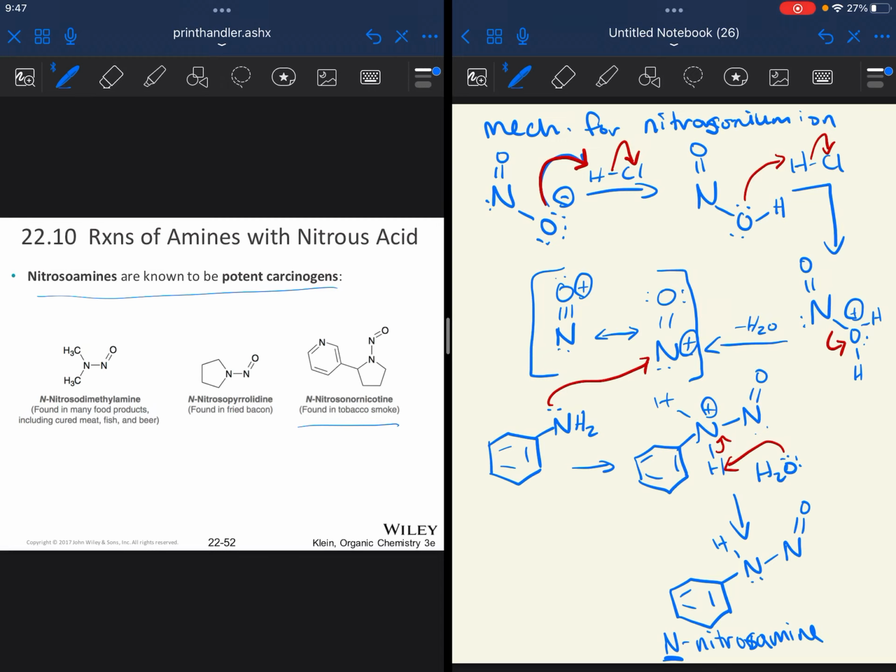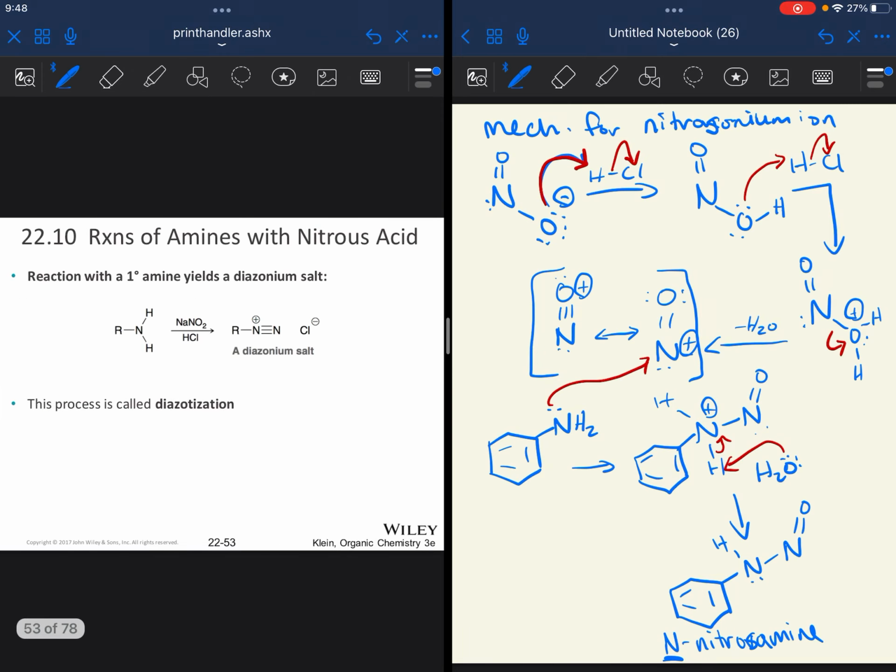But you also find nitrosamines in small amounts in other places that you might be surprised to learn, like in your different food products and even in fried bacon. It's all an issue of like quantity and amounts, of course. But potent carcinogens in part because they're very reactive. And so they do fall apart.